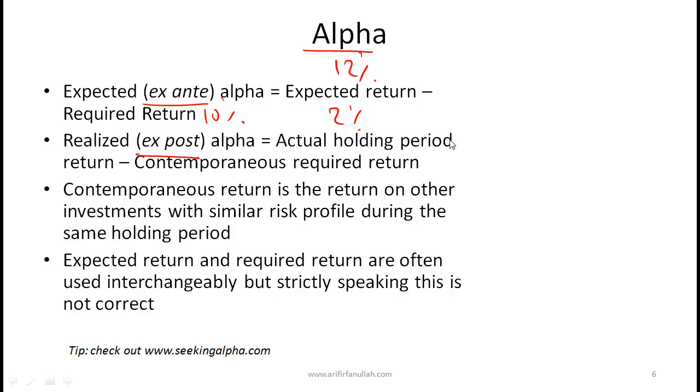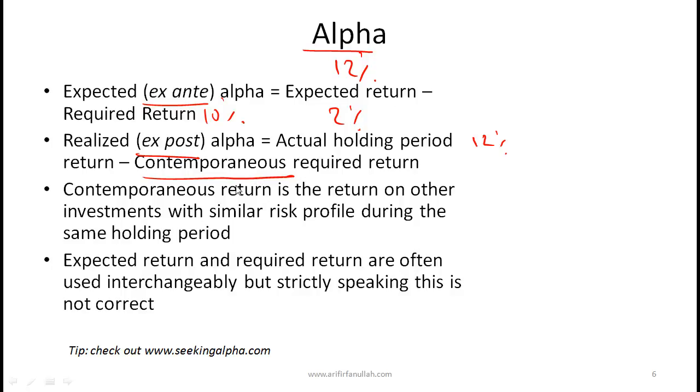So let's say your actual holding period return was 12% minus the contemporaneous required return. This long-winded term is quite important. This is saying that over that same period, how did other stocks of similar risk perform?